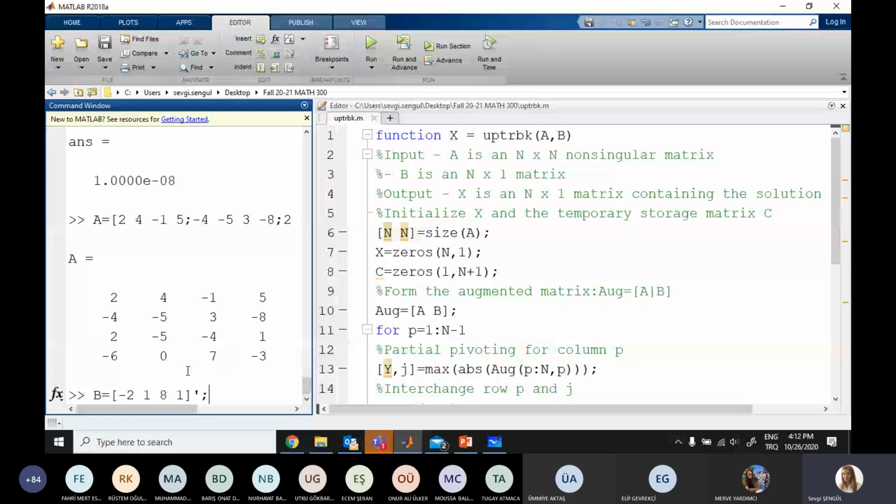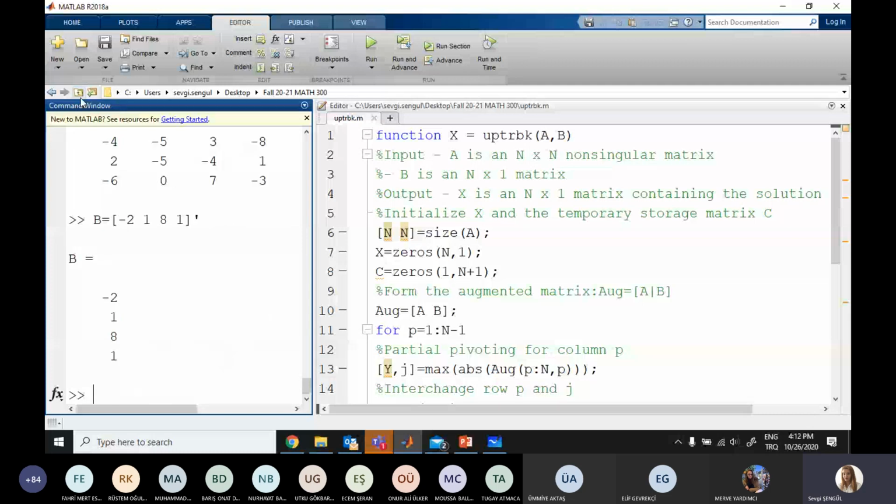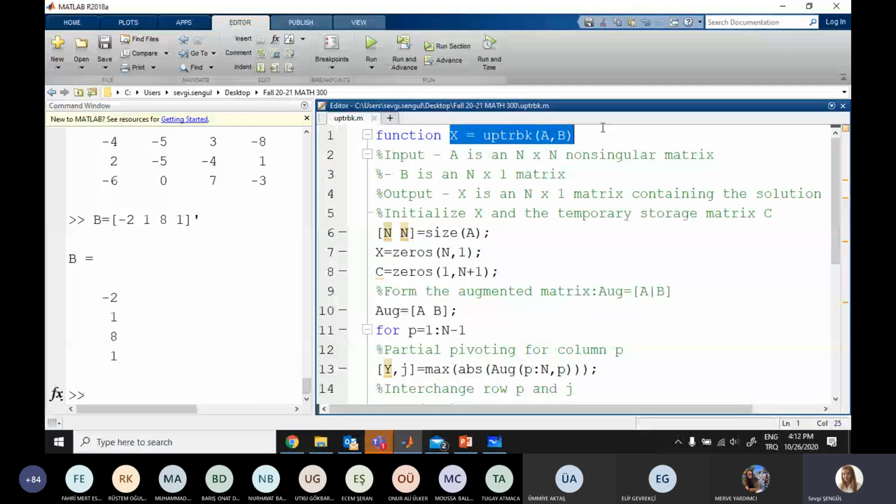Let me open it for you to see. And let's call this function. Since I defined my function with the same name and it is in this folder, I can easily call this function.